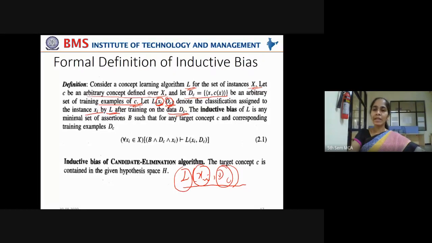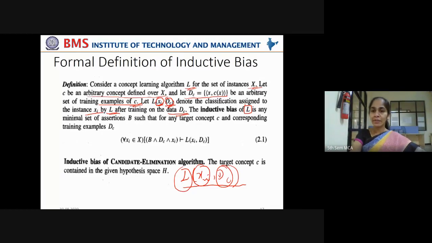Got it? Now the inductive bias of L, how do we define the inductive bias? Whenever a survey is made in any research, there will be an inductive bias. There will be some assumptions.